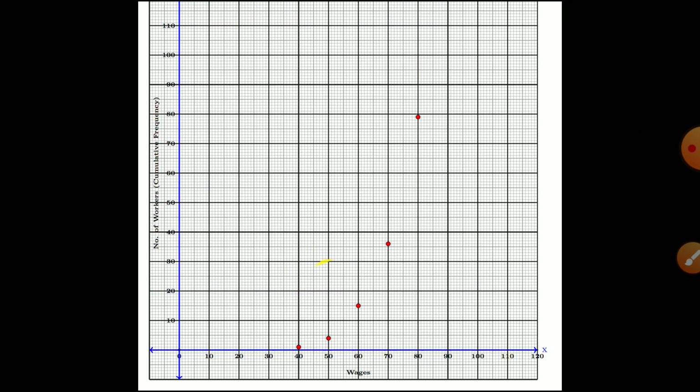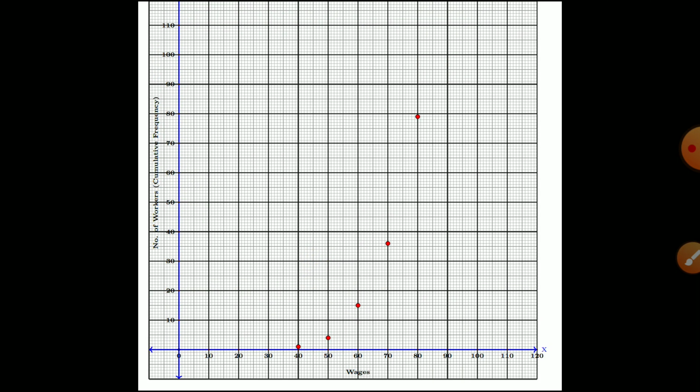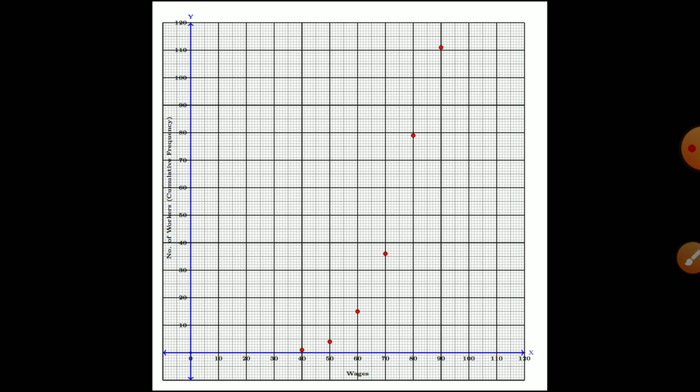So now we plot the next point 90, 111. So 90 is here, 111 is here. Our upper limit is 90 and the corresponding cumulative frequency is 111.